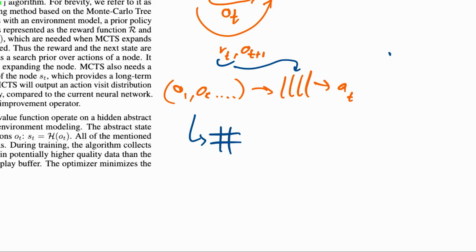Tic-tac-toe is a better example. So, with the observation, I can actually construct the board of tic-tac-toe that I'm in. And then what I can do is I can actually search. So I can try out. I can say, okay, what if I put something here? Oh, then my opponent's certainly going to do that right here. And then what if I put something here? And then my opponent's going to do that, and then they win, right?